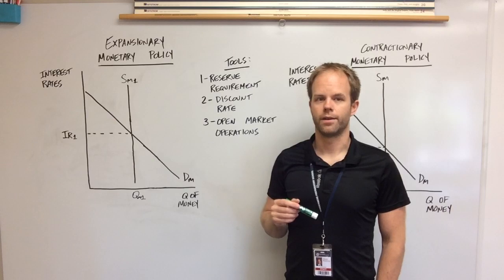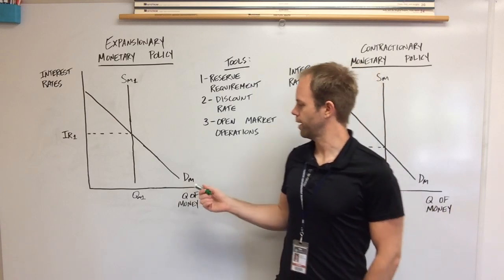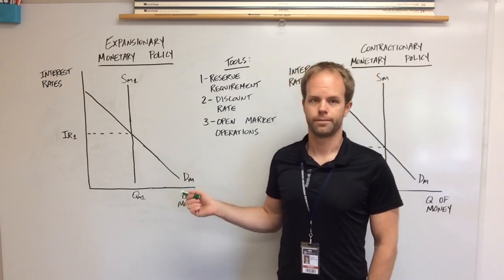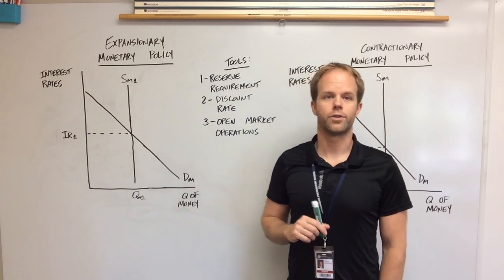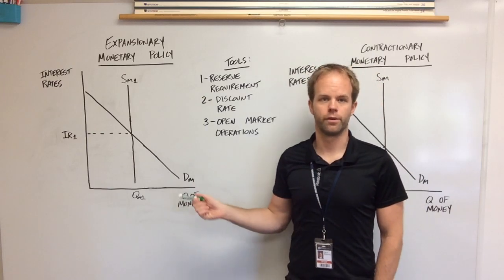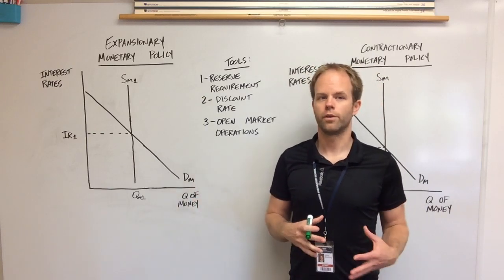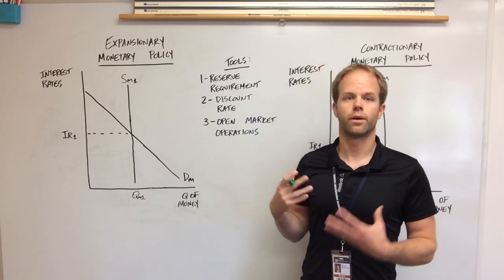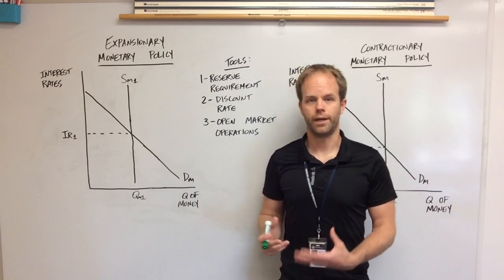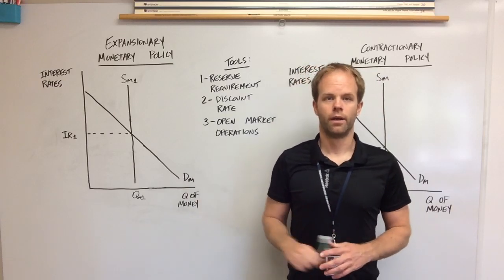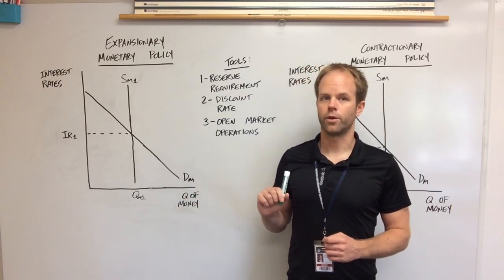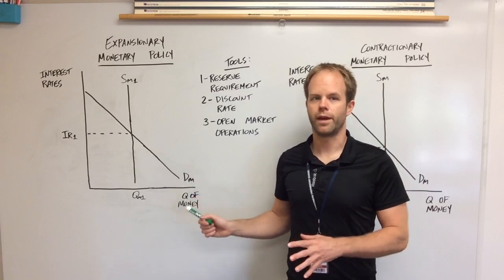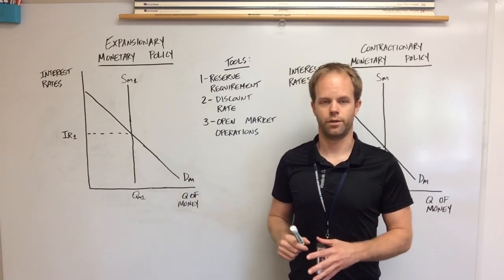We'll talk about that in a second, but the other thing to note here obviously is the demand for money. The central bank has no control over this whatsoever. The demand for money is really made up of individuals or groups of individuals who are interested in borrowing money. That's who demands money. Demand for money can increase and decrease, and that mostly happens based off of expectations.